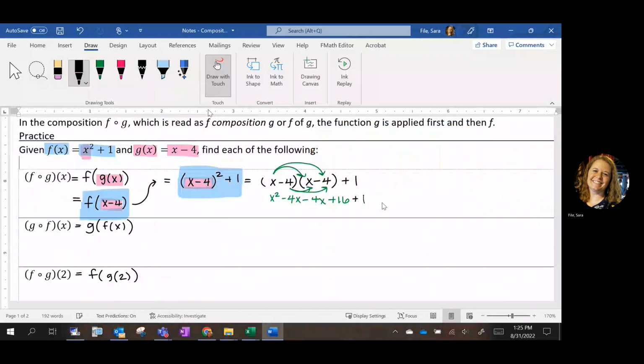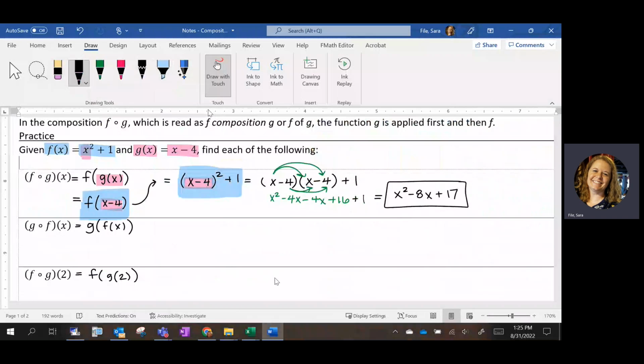Then you can combine like terms. We've got the two x terms and the two constants that can be combined. So that reduces down to x squared minus 8x plus 17. Feel okay about that one?